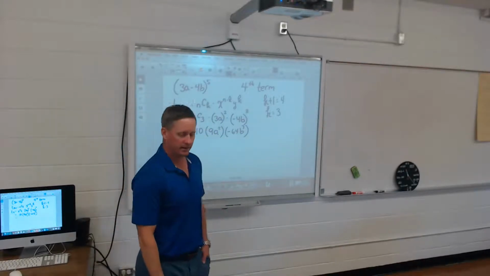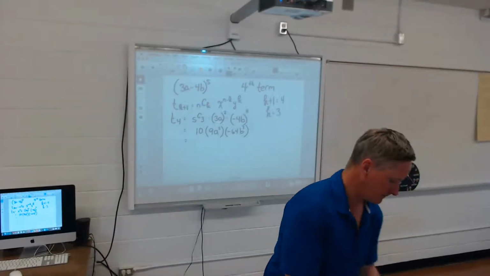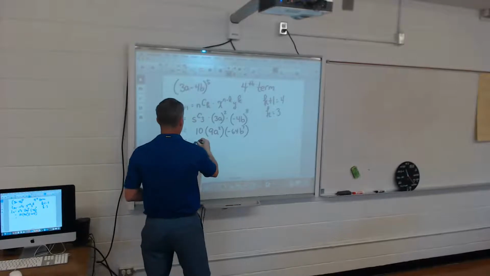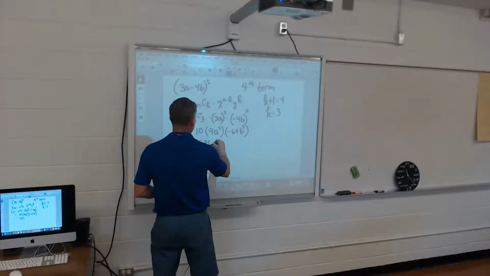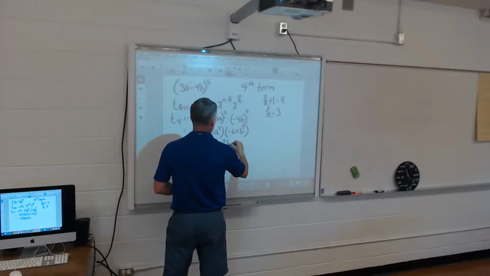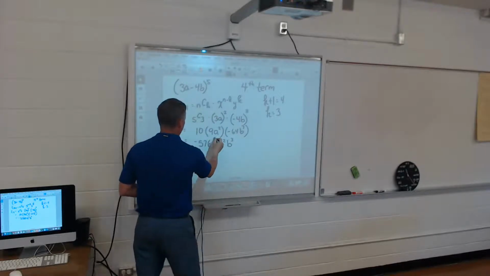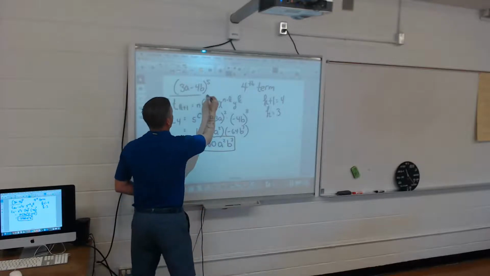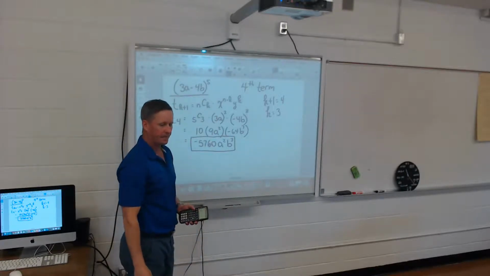So now I take 90 times 64. I get minus 5,760 a squared b cubed. There is the 4th term of the binomial expansion of this guy.